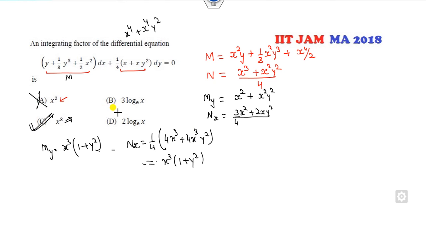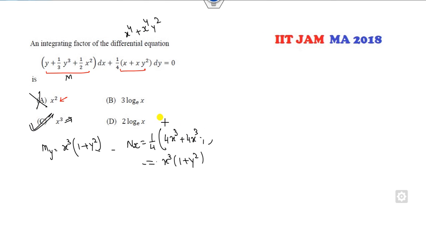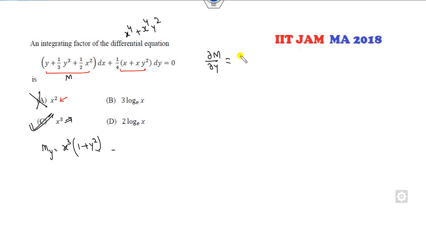Fine. If I take the options and multiply them. The other method is again as usual. If I start from here, partial M with respect to y is 1 plus y square, N with respect to x is 1 plus y square over 4. So if I subtract, because I have to use N in the denominator, it means I can use N here. Fine. So what is that?